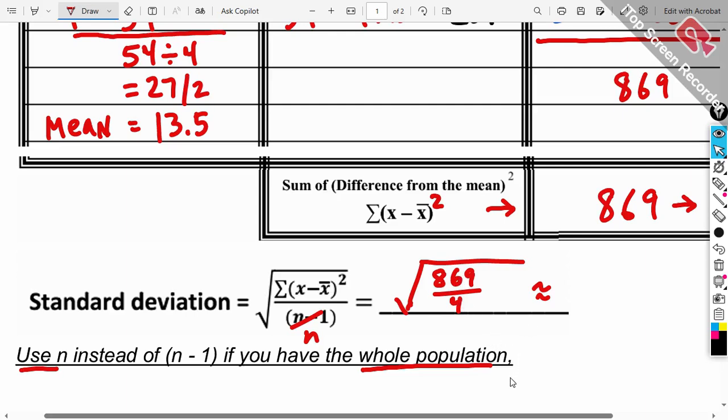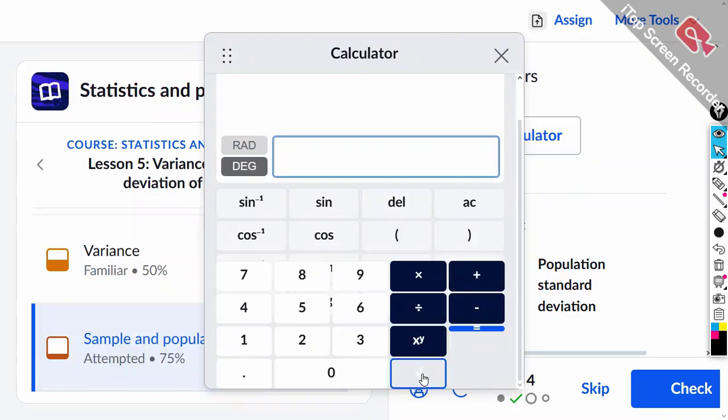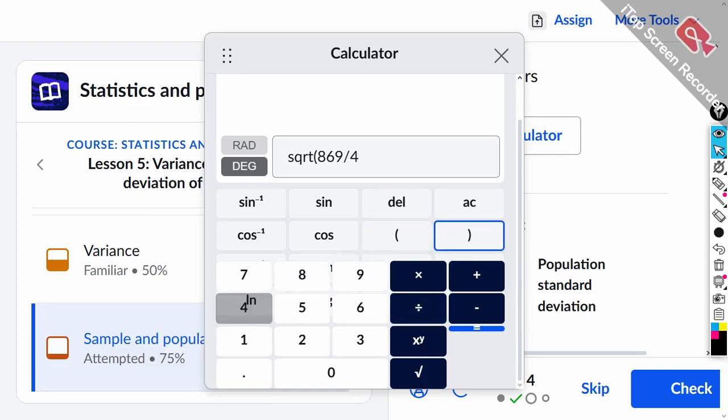Let's go to the calculator. All right. Square root of 869 divided by 4, close parentheses. All right, hit equals or hit enter.